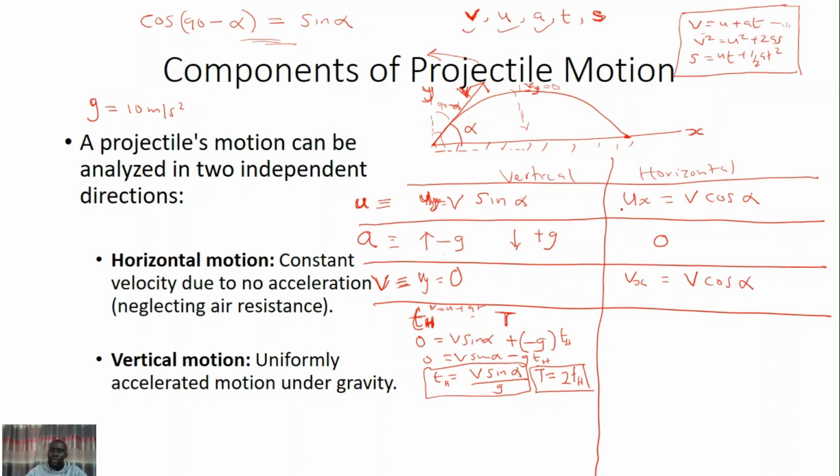Now, on the horizontal component, the time to travel from here to here will be the same as the total time of flight. Okay, the total time of flight is the time to travel this range.